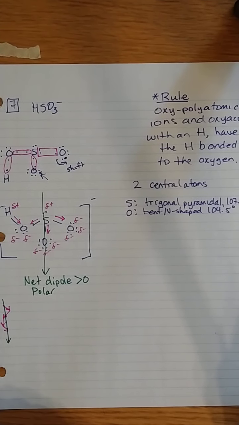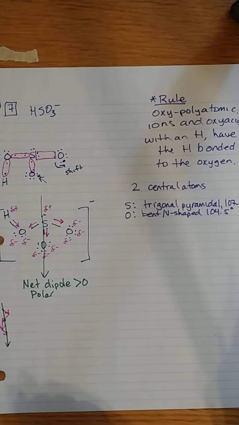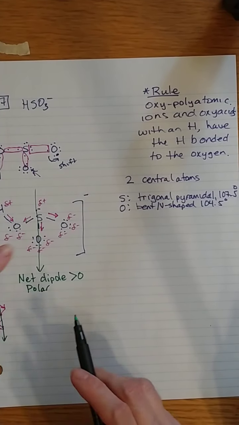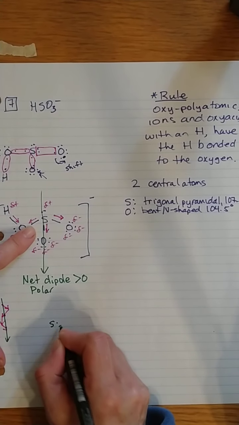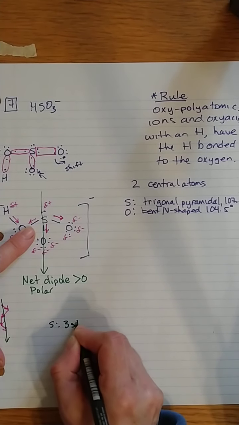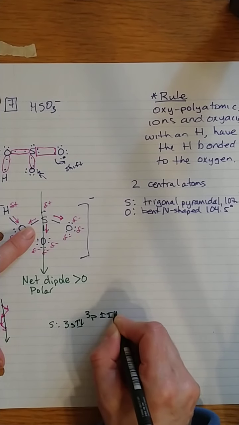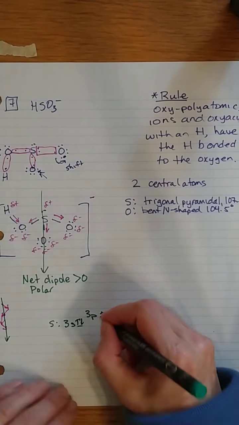Okay, so now what we're going to do is the valence bond diagram. So with the valence bond diagram, let's start with S. So S is a 3S with 2 and a 3P that looks like that. Okay, actually one more.